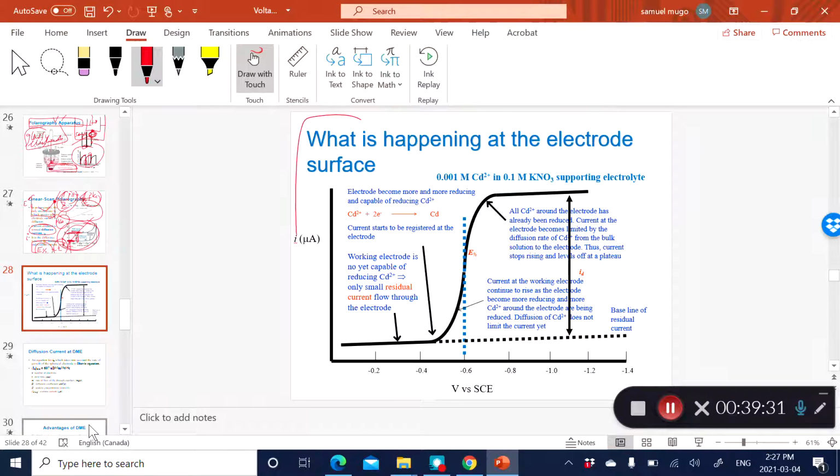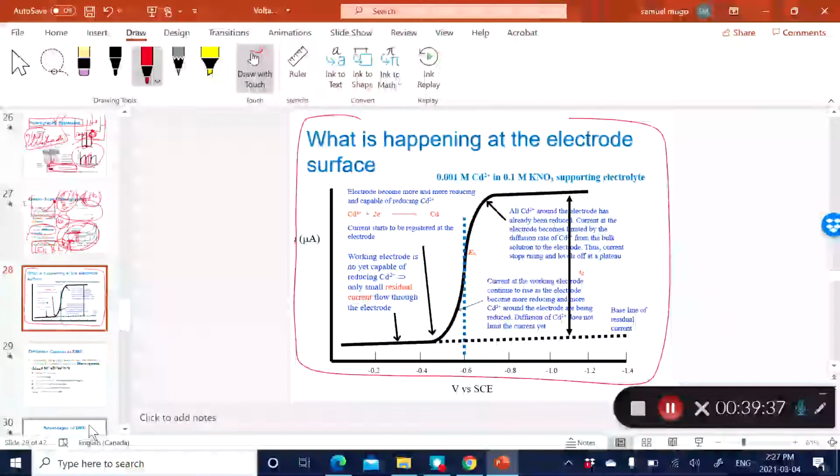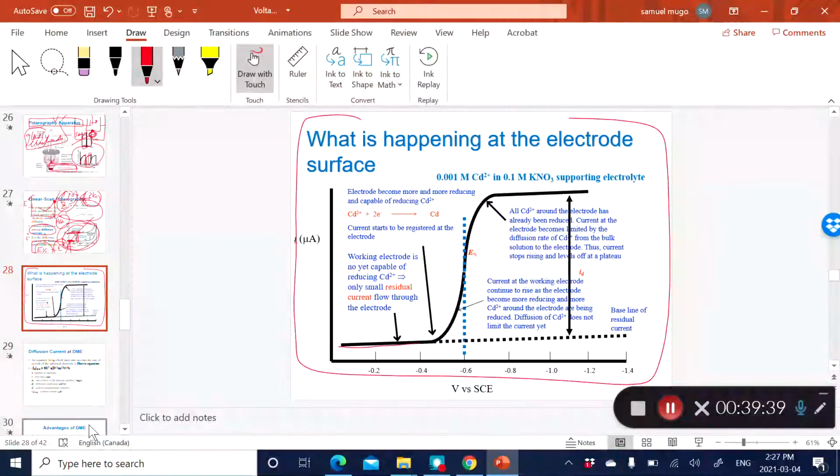I think I've already explained this slide extensively, what is happening to the solution as the voltage is increasing. And then, of course, you get to that midpoint that I talked about, the E half, which I said is equivalent to the standard reduction potential.